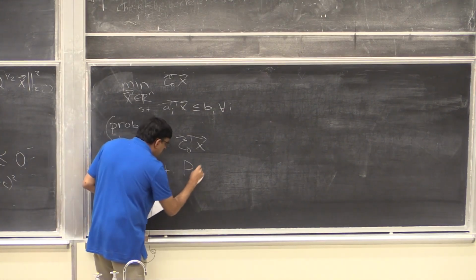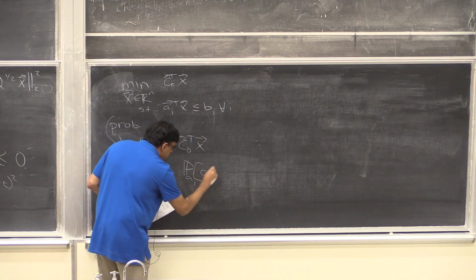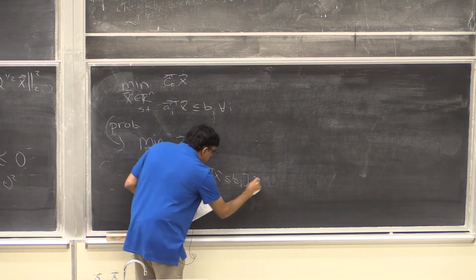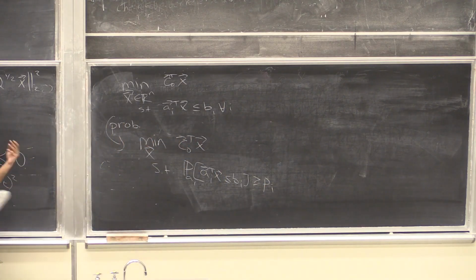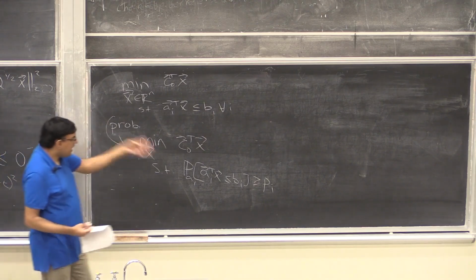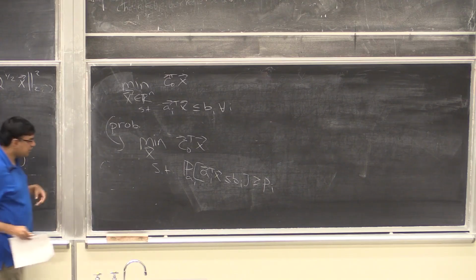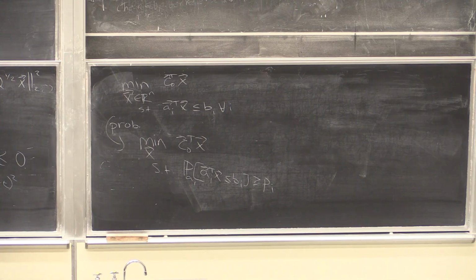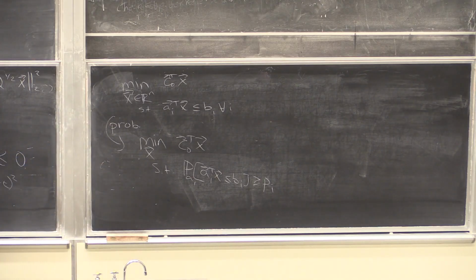We can say that the probability over a_i of a_i transpose x less than or equal to b_i is greater than or equal to some probability thresholds eta_i that we set beforehand. So we want the probability of violating constraint i to be less than 1 minus eta_i. These eta_i are pretty close to 1. You could say, in particular, eta_i is 0.99, or 1 minus 1 over the number of atoms in the universe, something like that. And then this gives you another problem to solve.